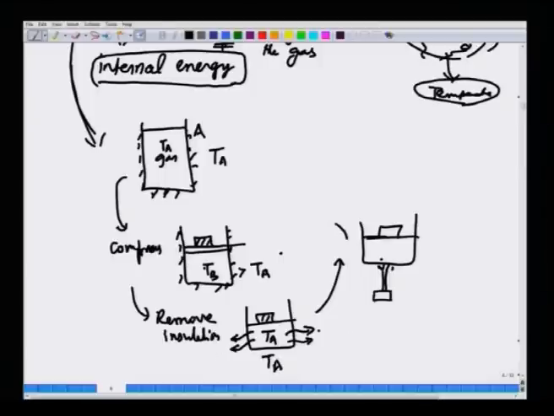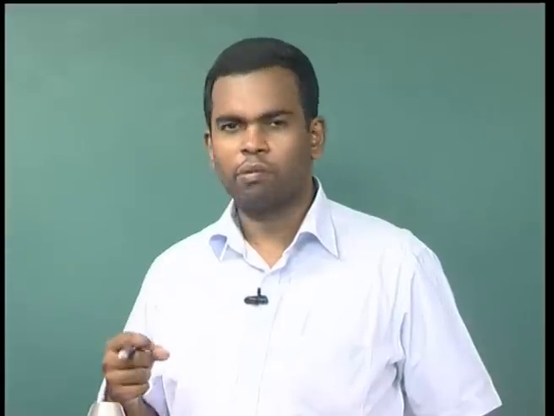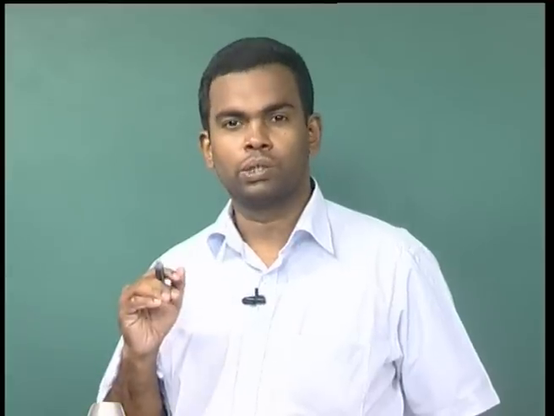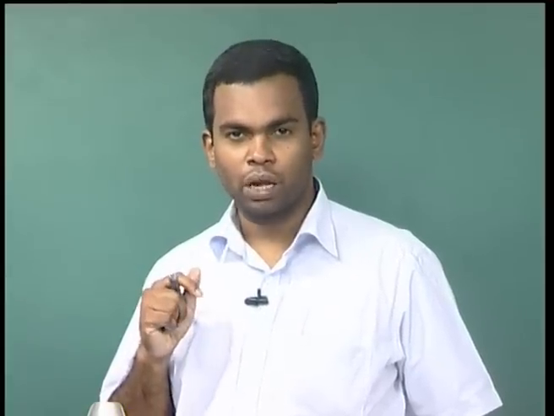Now, I can bring it back to the same state with temperature Tb, okay, by a completely different route. I am just supplying heat by virtue of, let us say, a Bunsen burner or an electric heater, whatever it is. I can bring the system back to the same state, state B, by an entirely different route, that is through heat transfer.